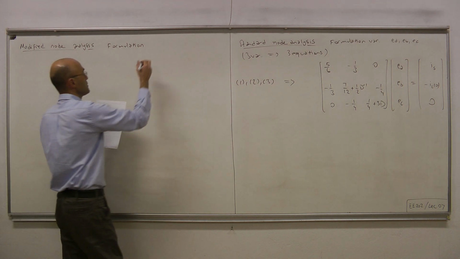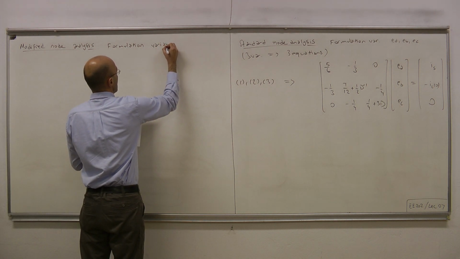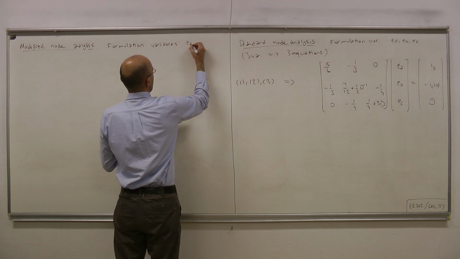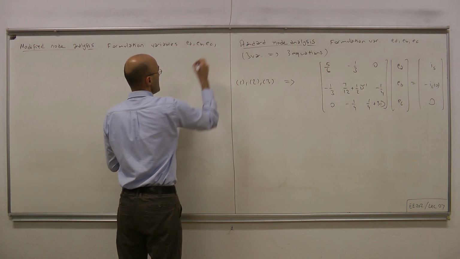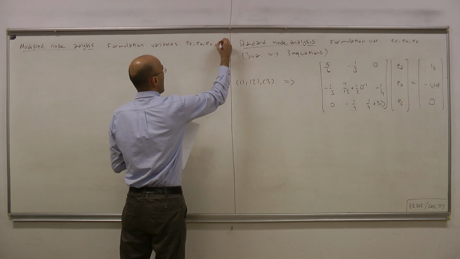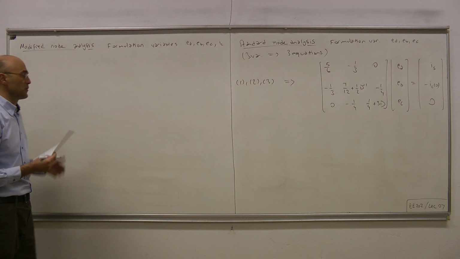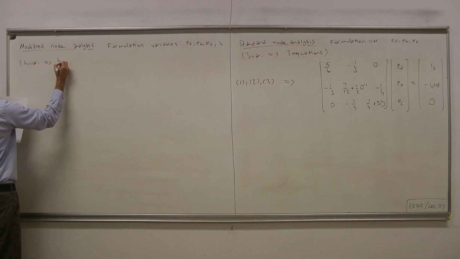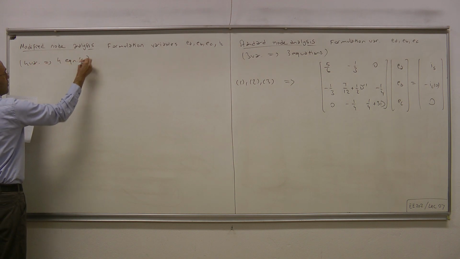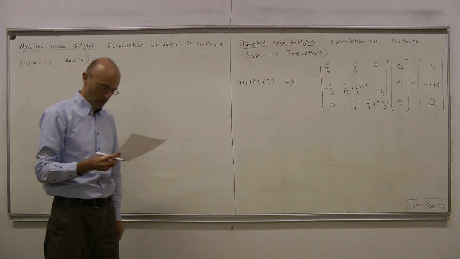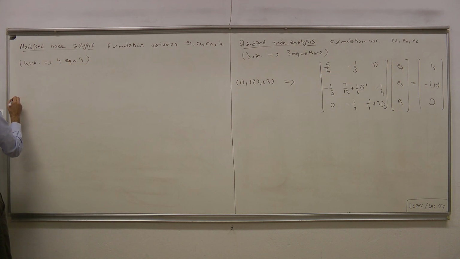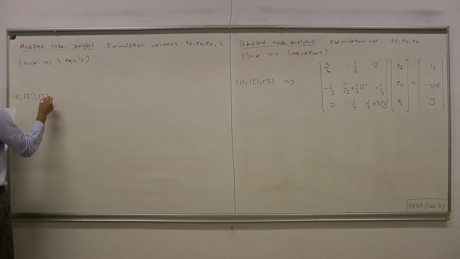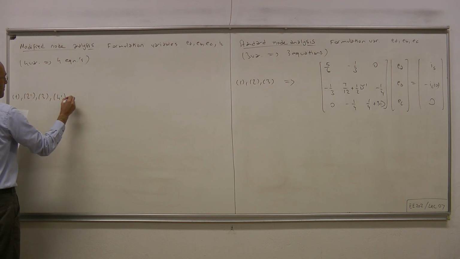Formulation variables are this time EA, EB, EC, and IL. So we have 4 variables. Okay, 4 variables means we need 4 equations. And those 4 equations are 1, 2 prime, 3, and 4 prime.